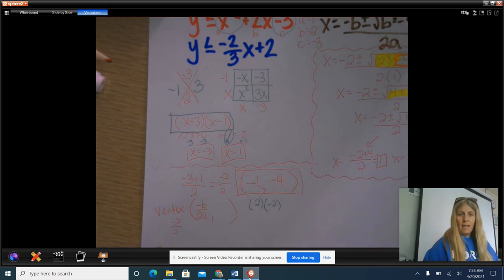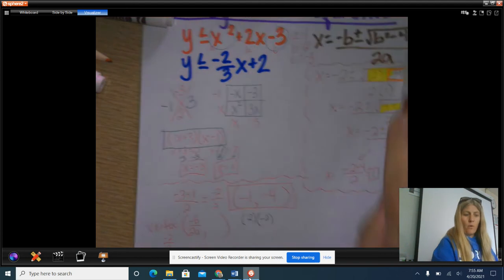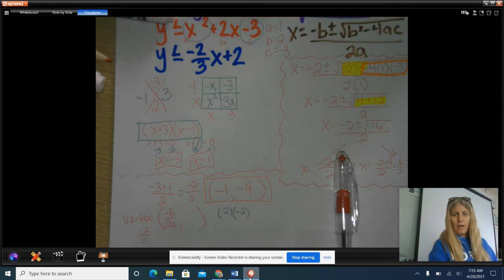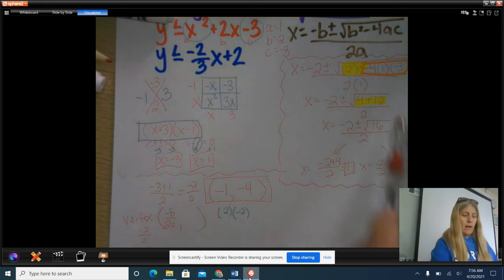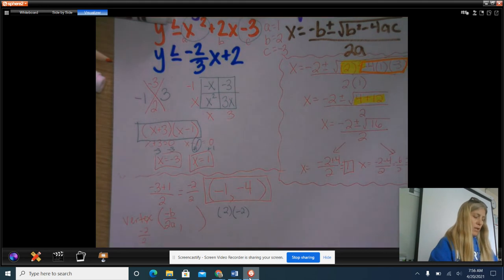The other technique is to plug that -1 into my original equation. Now notice when we use the quadratic formula, we do not have a product form. So if we use the quadratic formula and need to find the vertex, we need to use our original equation.